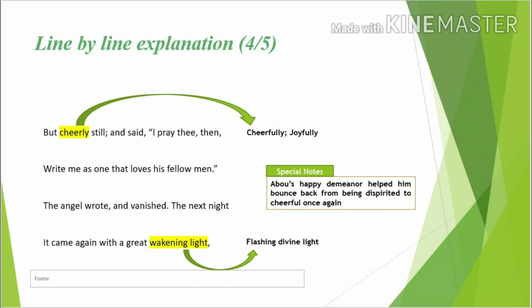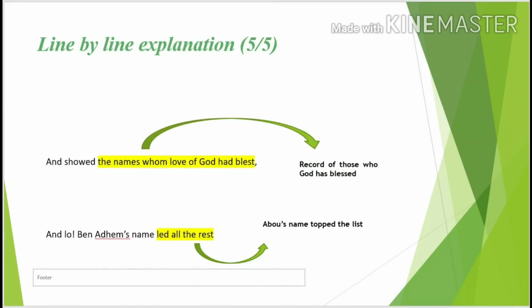Okay, so when this angel comes, there was light all over in the room and showed the names whom love of God had blessed. And lo, Ben Adhem's name led all the rest.